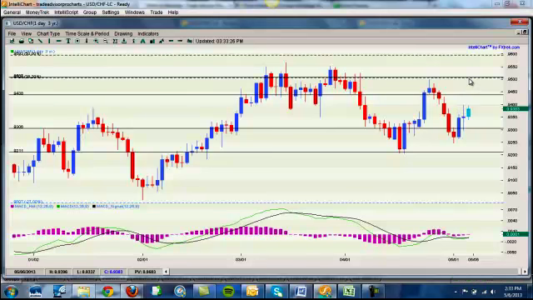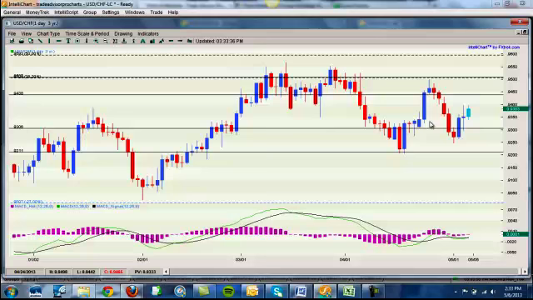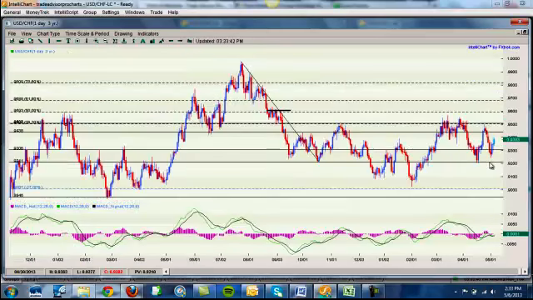That should be a good opportunity for a sell, and then we can put a stop loss about 70, 80 pips above here. But you can see it is somewhat range bound, so we could be taking positions anywhere in here to buy, anywhere in here to sell is what I would be looking for.